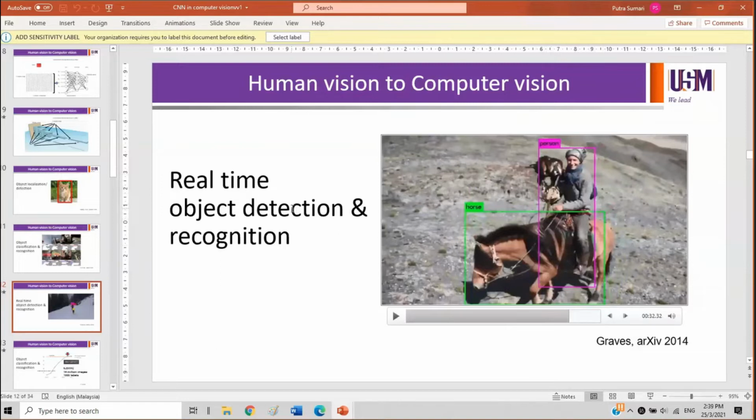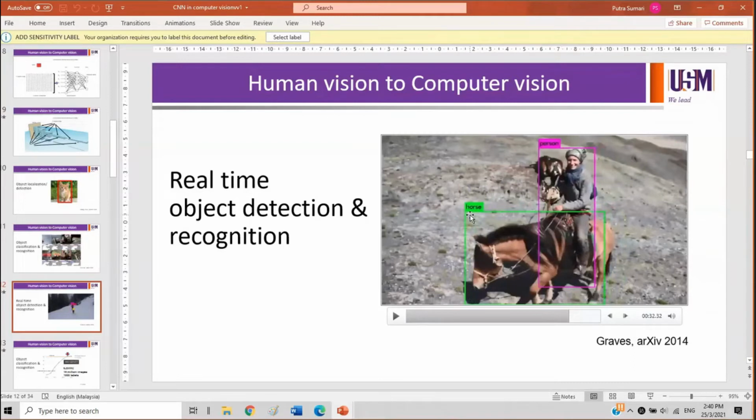When you detect it, it means you find and retrieve it. Where is the object? The algorithm says you only look once. You just scan only once, then you stop at the object. Then you can say that this box contains an object. We detect the object here, so we stop at the green rectangle. Then recognize, which means we have to name the object. What is the object? In this case, horse is the object.